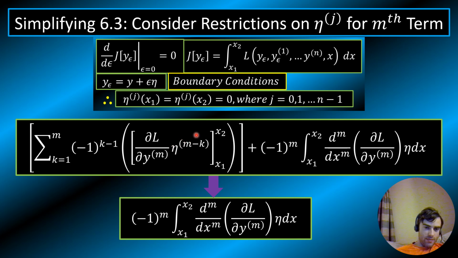Right, so if you imagine this m minus k is actually the j right there, then if your m reaches n, then your maximum possible eta derivative would be n minus 1 when k is 1.